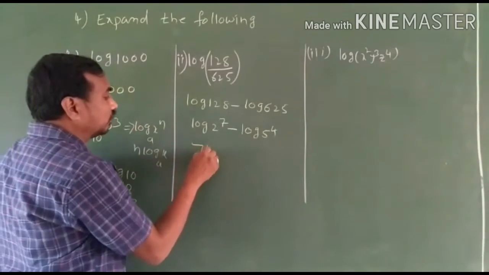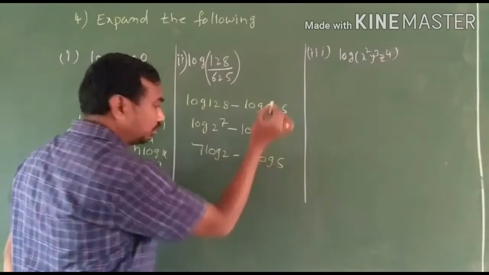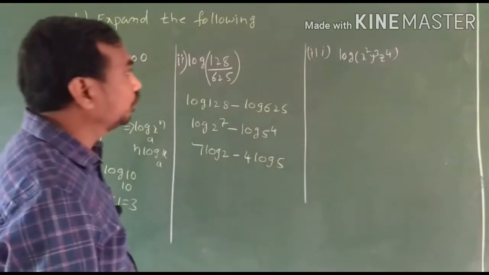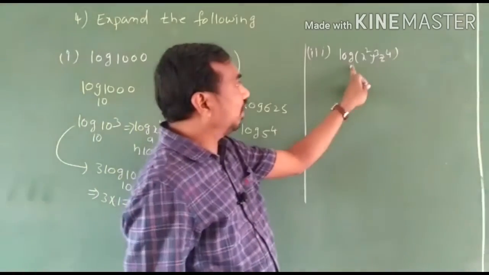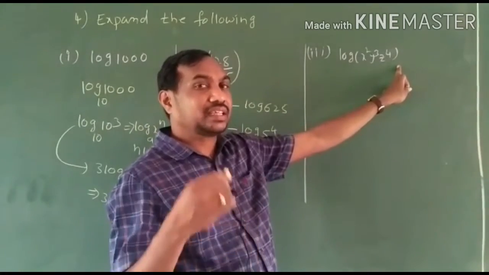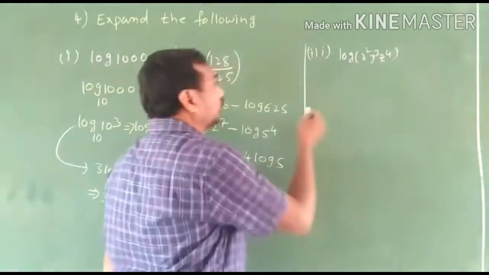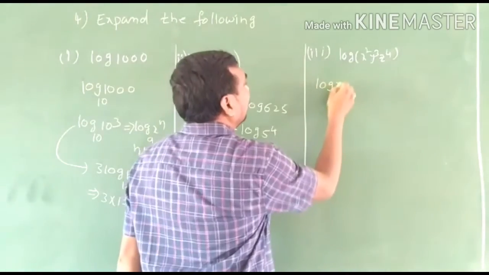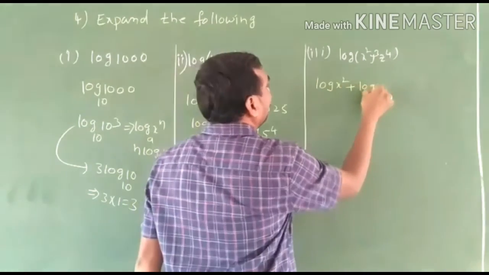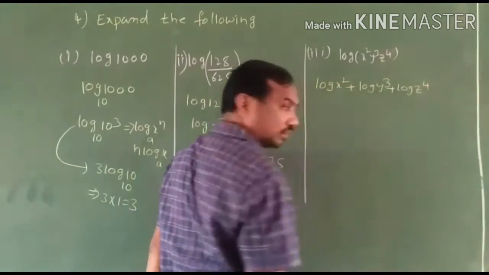Okay, that is 7 log 2 minus 4 log 5. Now this is in the form of log x into y into z. You know the formula for log x into y, that is log x plus log y. But here we are having 3 terms. You write those 3 terms as log x square plus log y cube plus log z power 4.